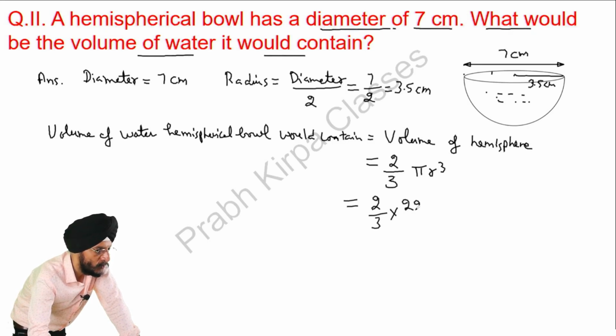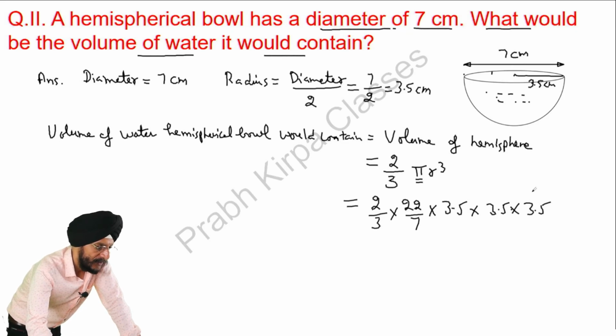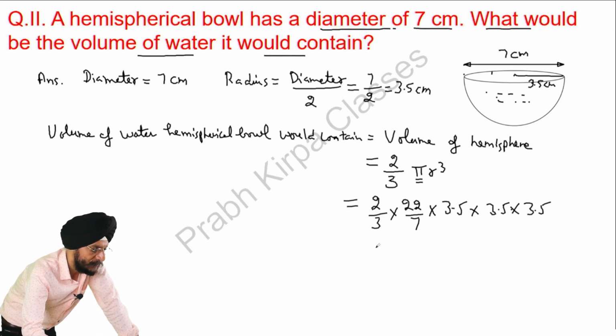It is 22/7. It is a mathematical constant. Now we will put in the value of r, it is 3.5. And if we solve all this, we will arrive at 89.8 cubic centimeter.